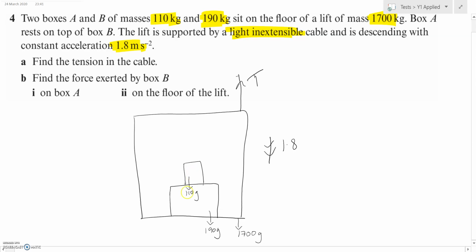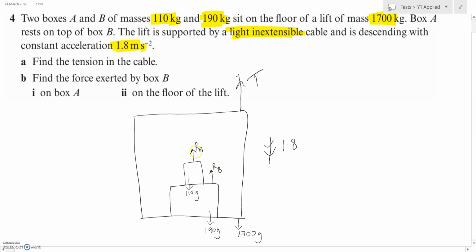Because A doesn't go into B, B must be pushing up onto A. So there must be a reaction on A. And likewise, B doesn't go through the lift, so the lift must be pushing up on B. It's a good time to mention Newton's third law, which says that every force has an equal and opposite reaction force.